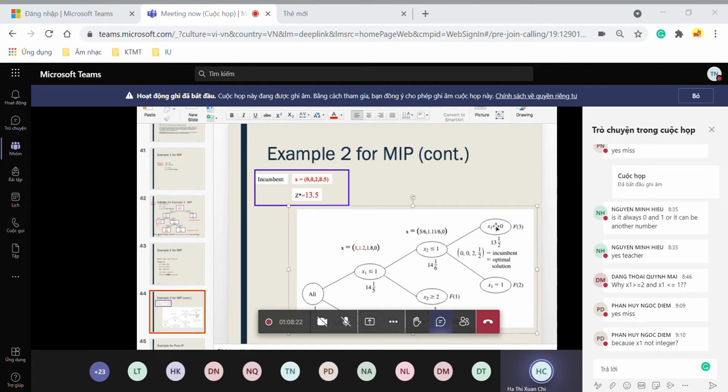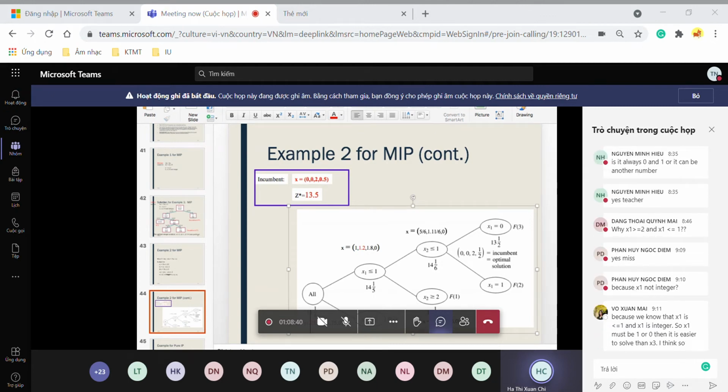Why not less than or equal to 0? Who has the answer? Because we know that x1 is integer. It's easier to solve x3.